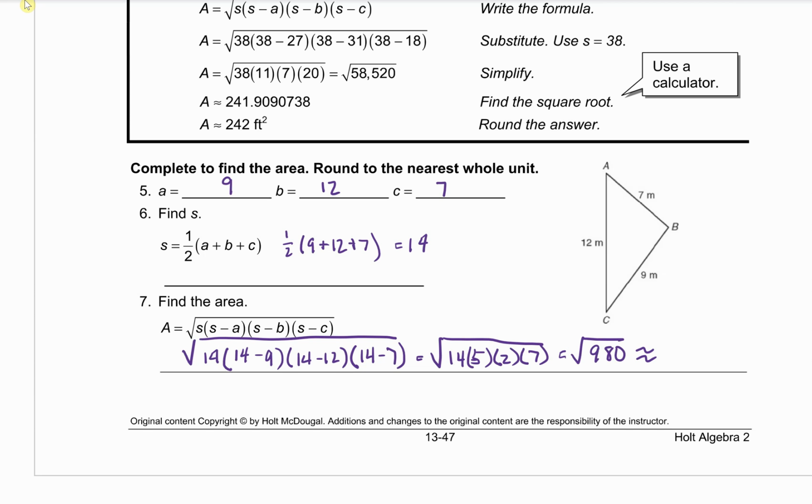Take the square root, and we get about 31.3 meters squared. Heron's formula.